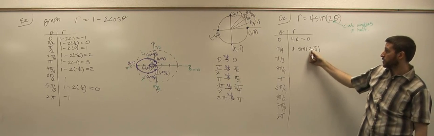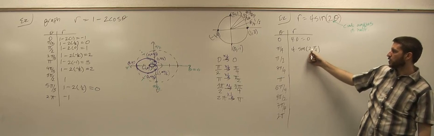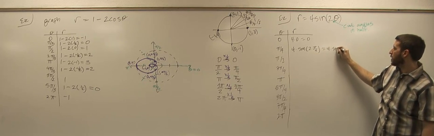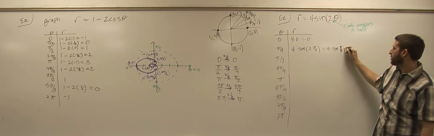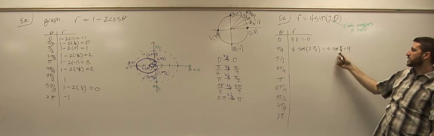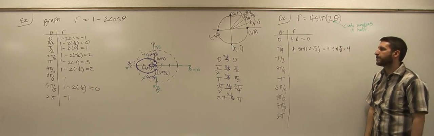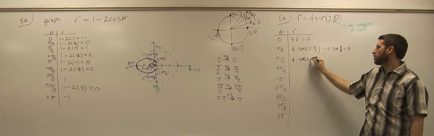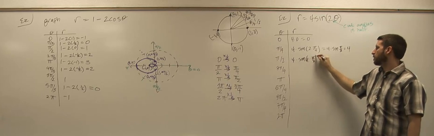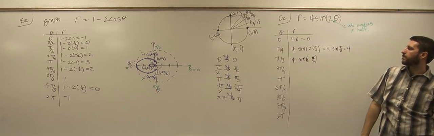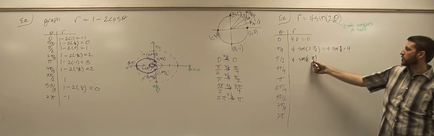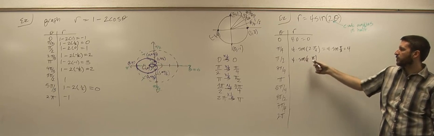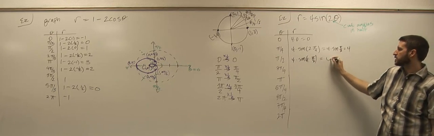Which becomes pi over 2 when you reduce. That's the whole point. So 4 times sine of pi over 2, what's that? Just 4, right? Sine of pi over 2 is 1. When you plug in pi over 2, 2 times pi over 2 is pi. Sine of pi is 0.